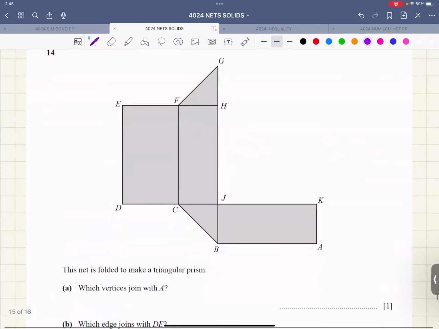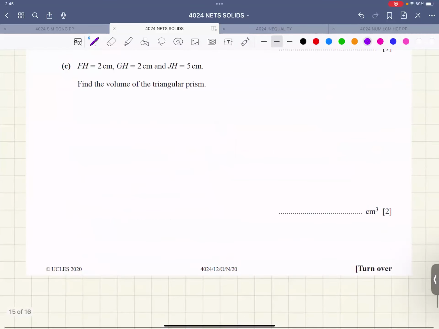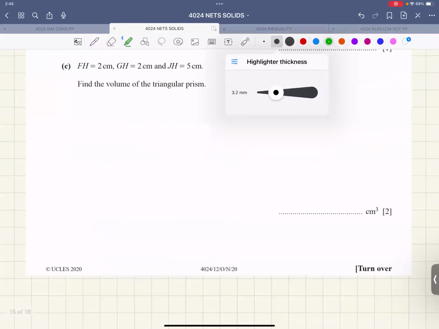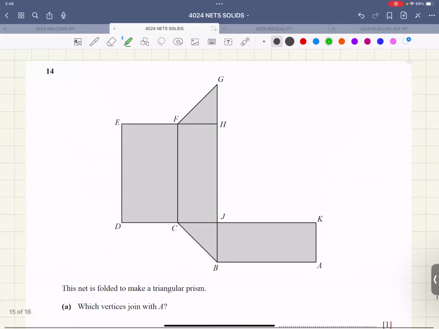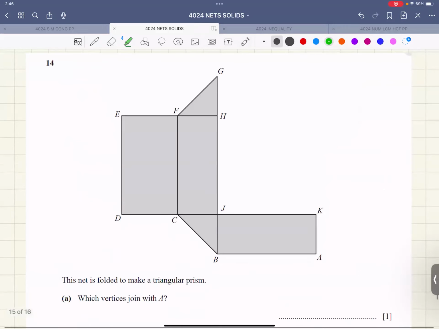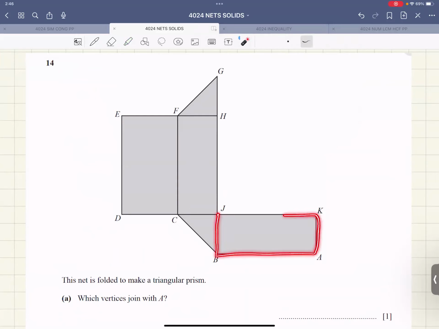Now, another question. This is from November 2020, variant 1-2, question number 14. The net is folded to make a triangular prism. The only strange thing is this portion is on the side.